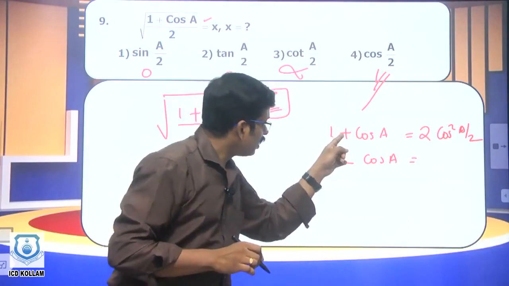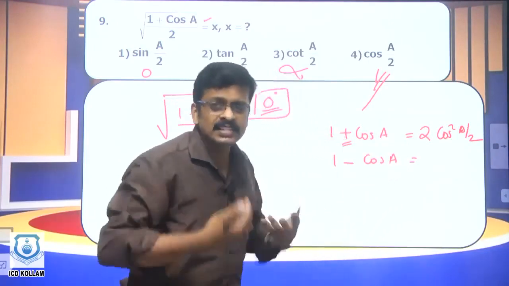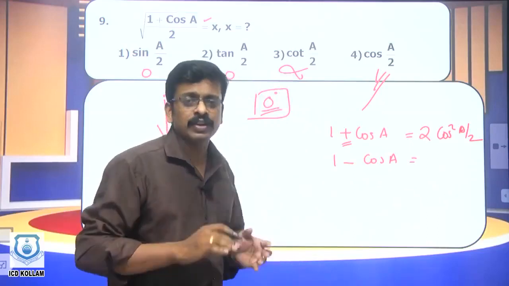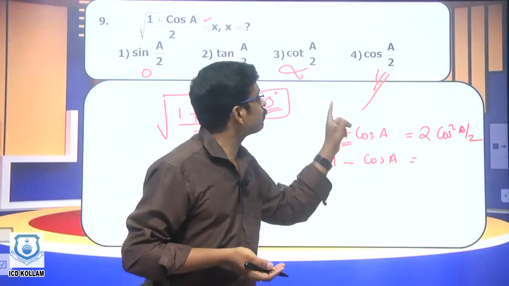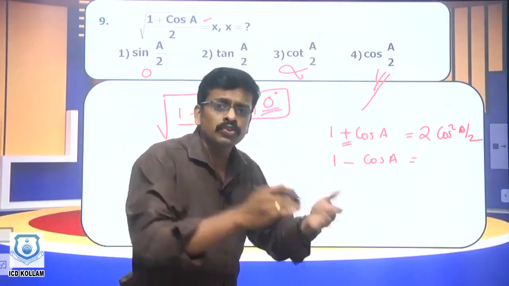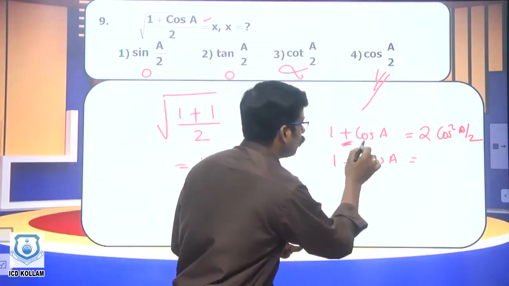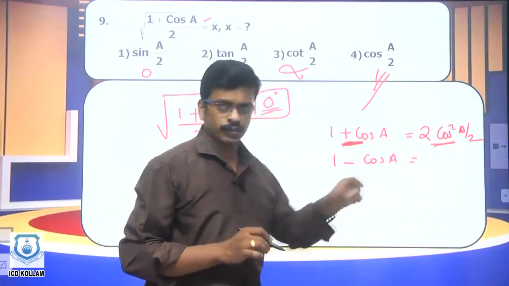You need to understand, plus is a positive symbol. You memorize that. That means it is cos. Plus cos means the result is cos itself.